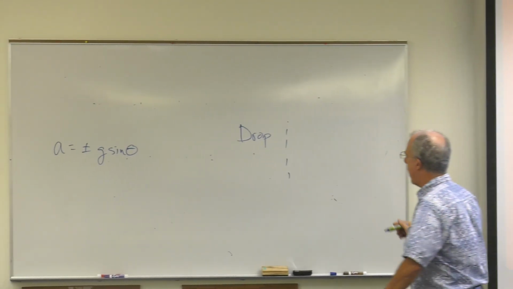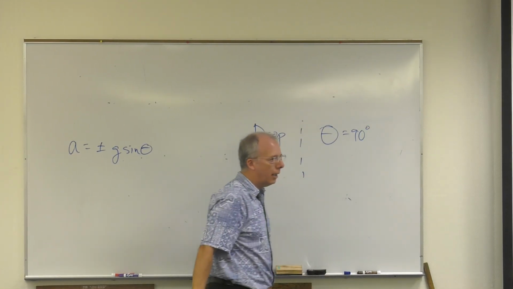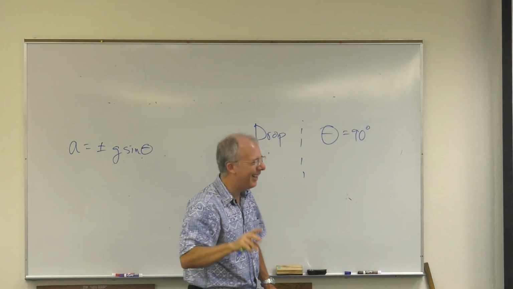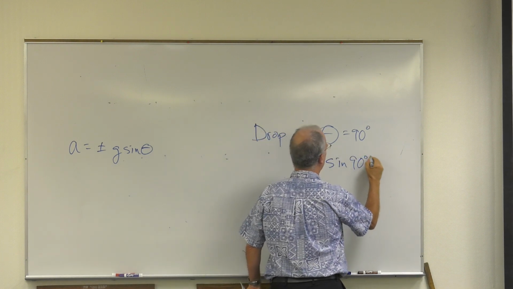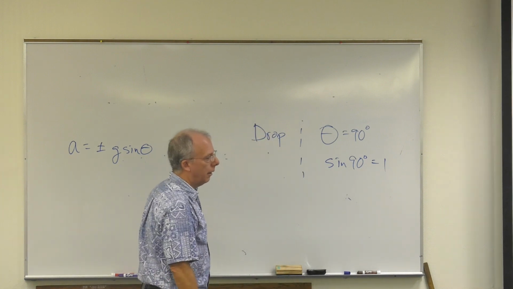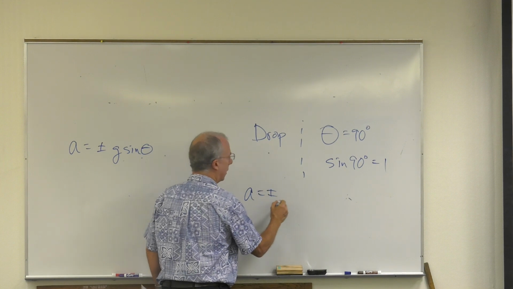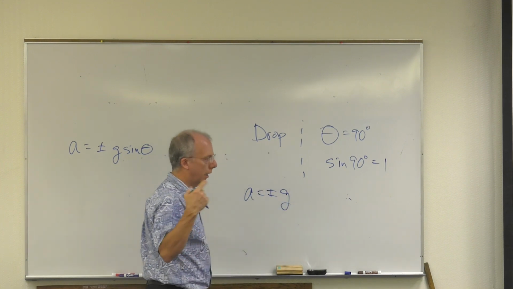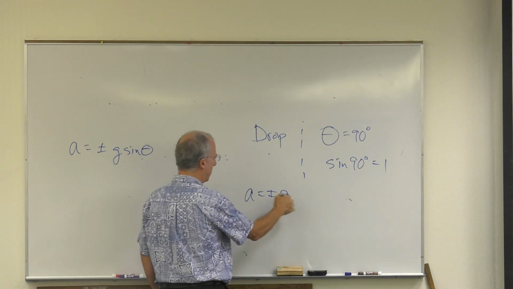So theta equals 90 degrees. What's the sine of theta? 1, right? Sine of 90 is 1. So a would just be plus or minus g sine of 90, which is 1, so it would just be plus or minus g.